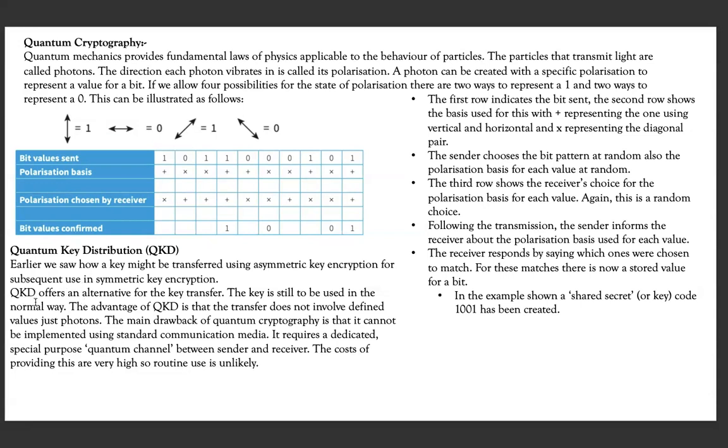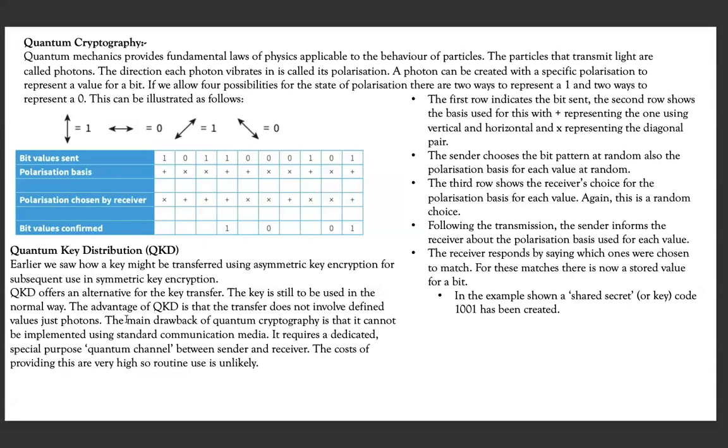Quantum key distribution offers an alternative for key transfer. The key is still to be used in the normal way. For example, this is the key we generated right here. The advantage of quantum key distribution is that the transfer does not involve defined values. There are no ones and zeros being transferred, so it's even more secure. It just uses photons.